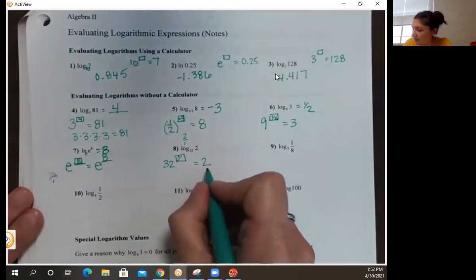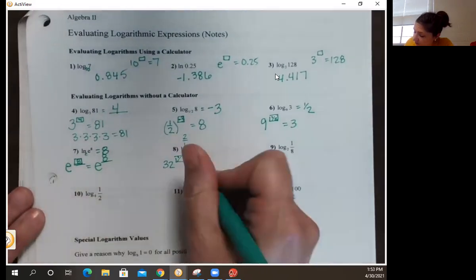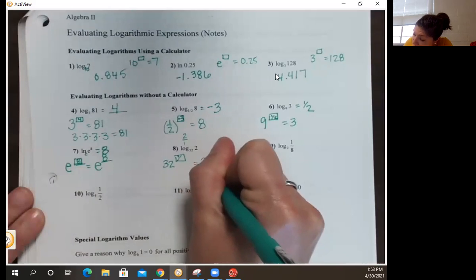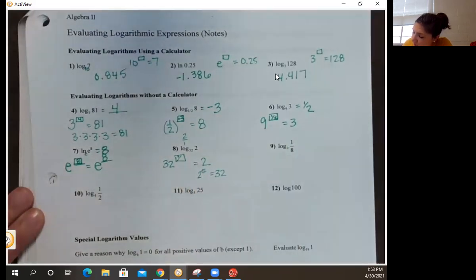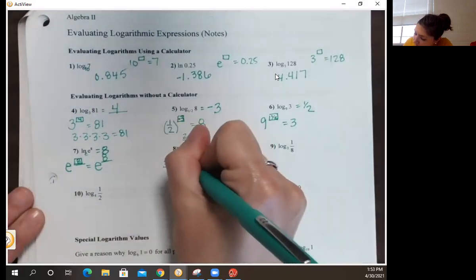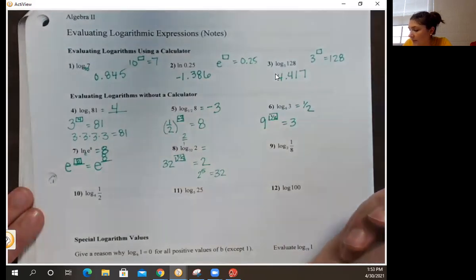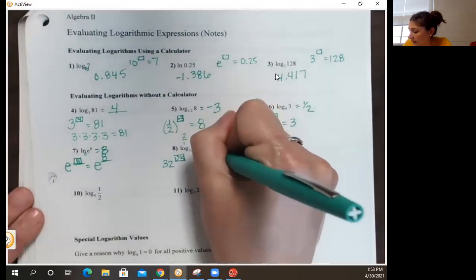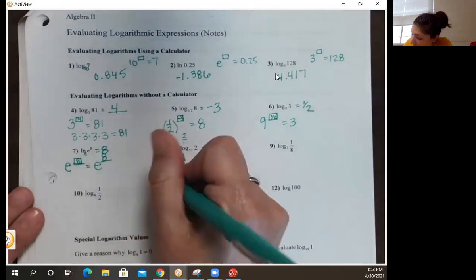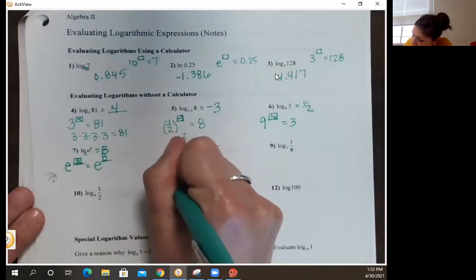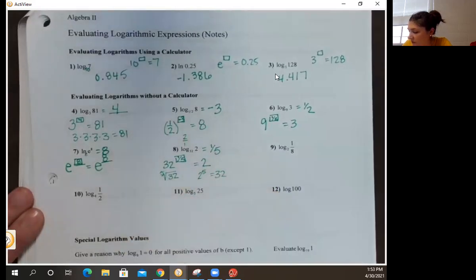This might be an easier problem to think of sort of the opposite way. 2 to what power would give me 32? 2 to the 5th power would give me 32. That means I would want 32 to the 1/5 power to get back to 2. So the log base 32 of 2 would be 1/5, right? Those fractional powers, remember, I could rewrite as a root. So what I'm saying here is the 5th root of 32 gives me 2.